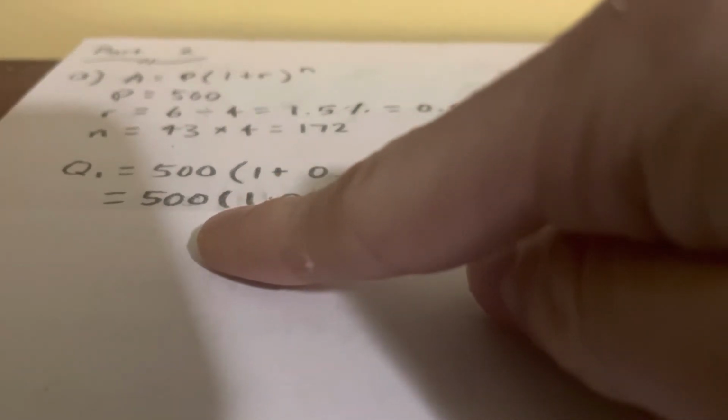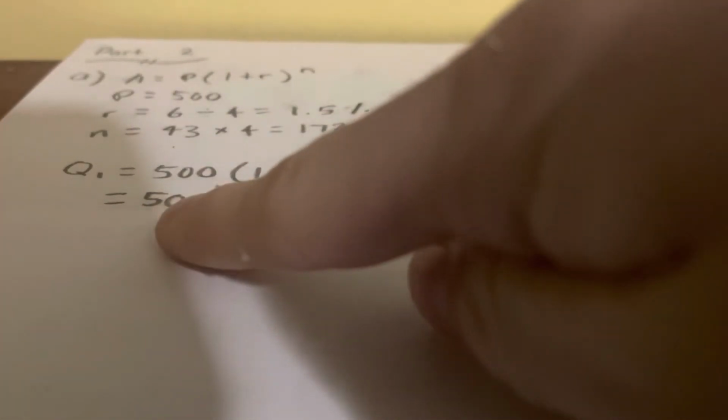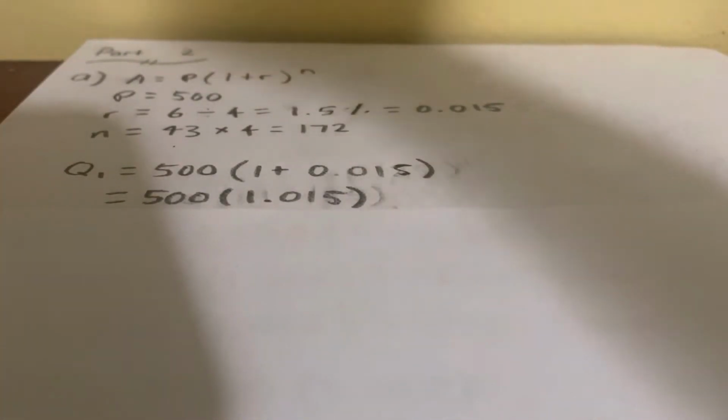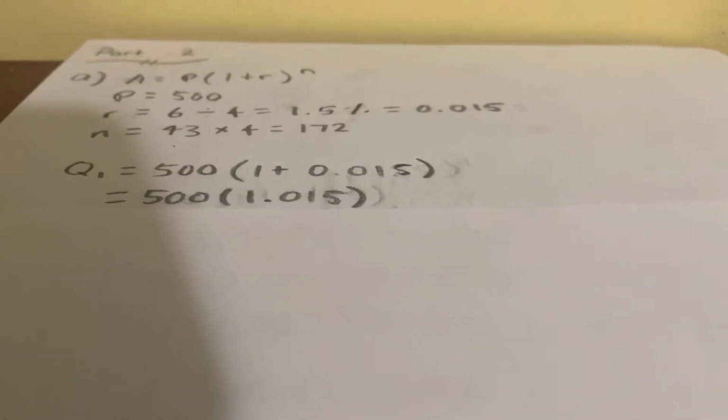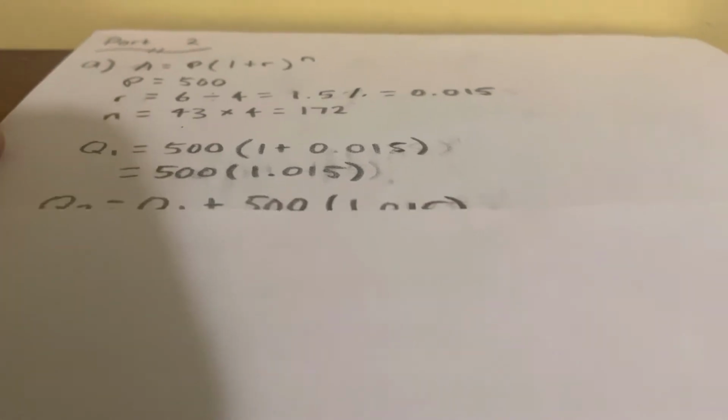Simplified, it can just be written as 500 times 1.015. What's happening here is we're contributing $500 and then that's getting interest on it. When multiplied together, we get our new balance, which is our contribution times our interest. Now, that's for quarter 1.